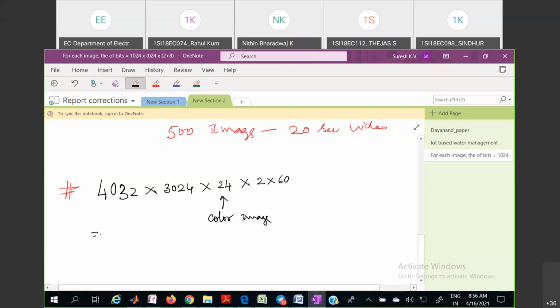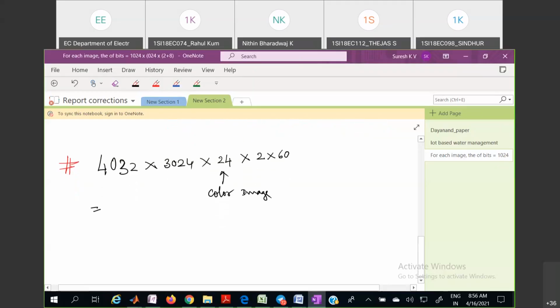Now if you calculate this, this will be a huge number. Let me do it quickly. 4032 into 3024 into 24, because it's a color image, into 2 into 60 because it's a 2-minute video.